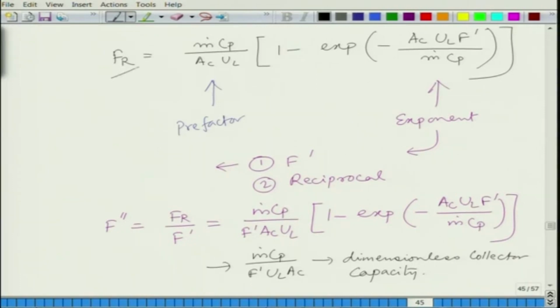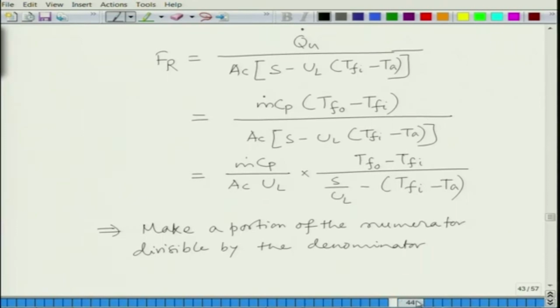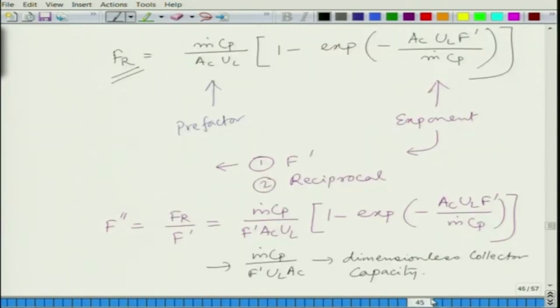This F R, even if we did not say what that factor means, it was just a placeholder, right. So, here it was just a placeholder F R, and then we derived an expression for that, and also at the end we have also introduced another thing which is F double prime.